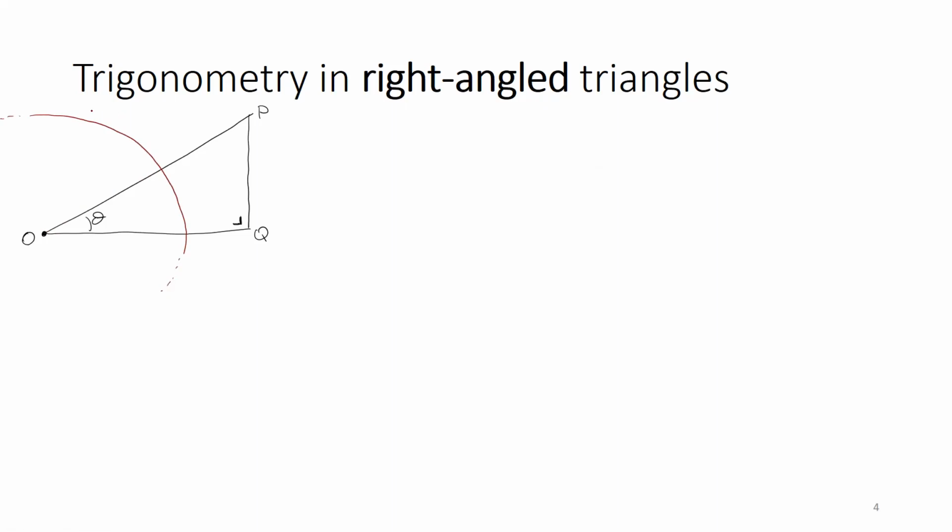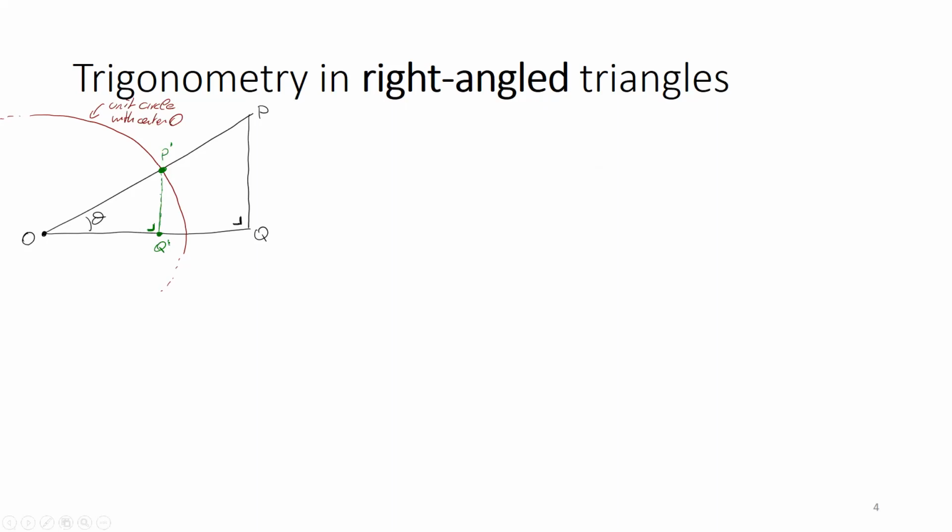So this is a unit circle with center O. And now I'm going to take the point that I obtain here and call that P. And I'm also going to draw a perpendicular here, so a line that's at right angles to the base, and call that point Q.